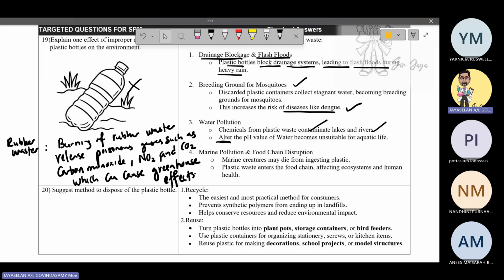Marine pollution, so the sea creatures may die. Ingestion of plastic because they form microplastic. Microplastic enters their bodies, cannot be digested, so they die. And because it cannot be digested, it stays there, then it can enter our food chain. That means it can enter our bodies. So just memorize this. Later I will give questions, and you do them.